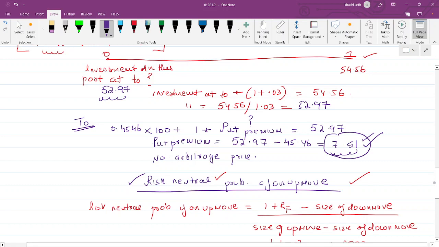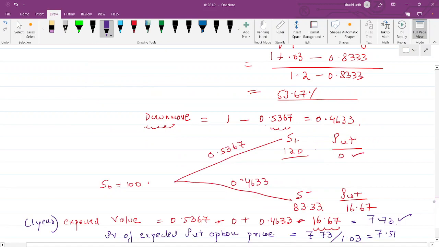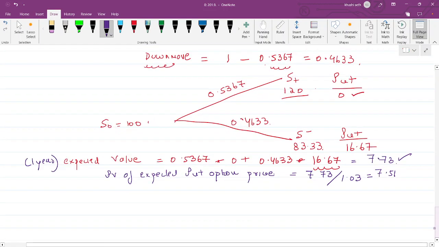ठीक है, तो ये जो ऊपर वाला लॉजिक से अपने कैलकुलेट किए, the risk neutral probability of up move and down move give us the same value, right?